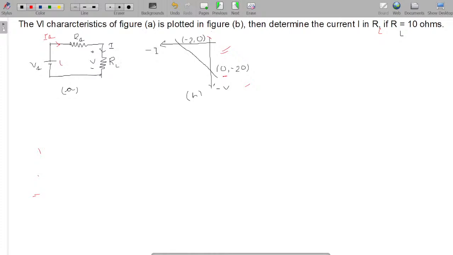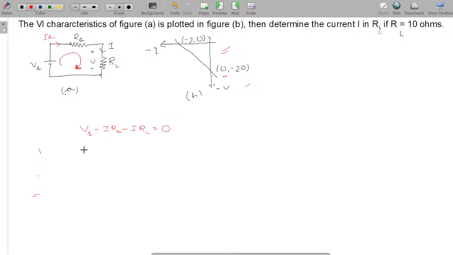Now, if we traverse the loop like this, can we write Vs minus I times Rs minus I times RL equals 0, because Is is equal to I?